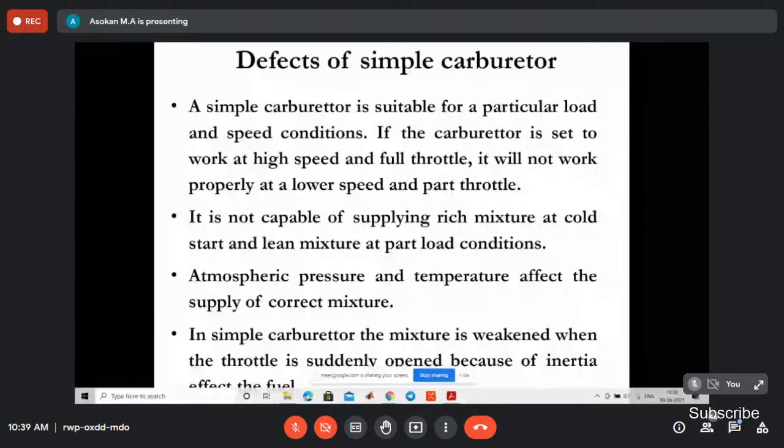Okay, so these are the drawbacks of the simple carburetor. Then how can we overcome these drawbacks?